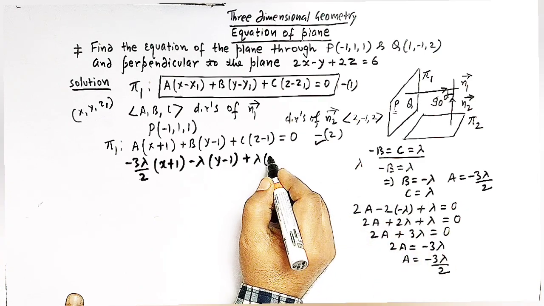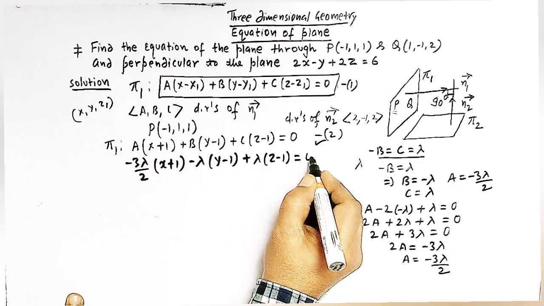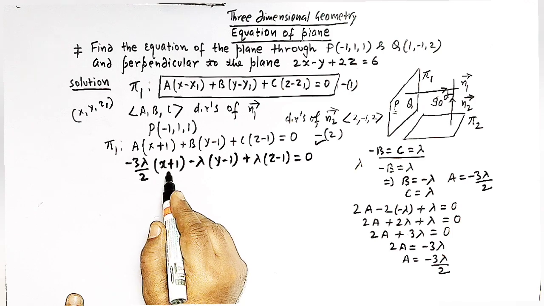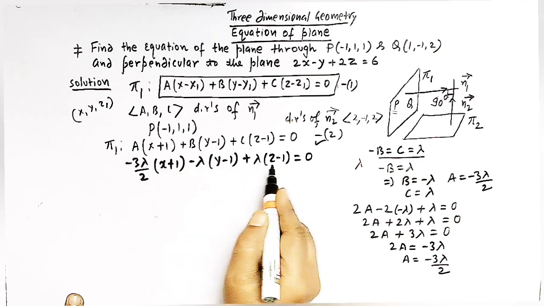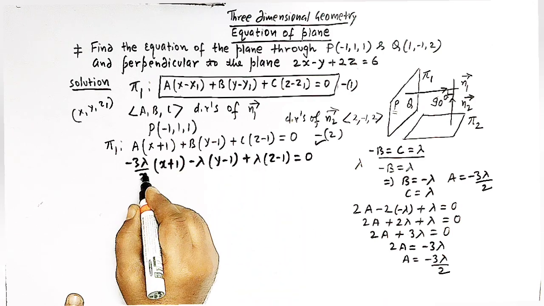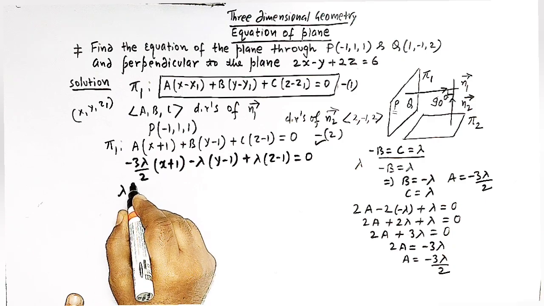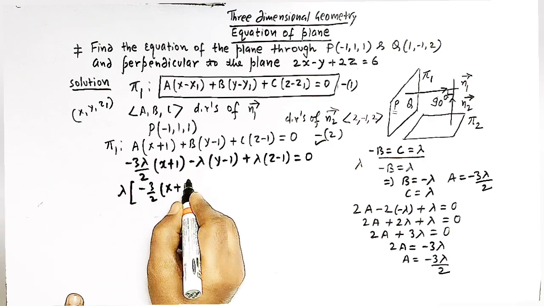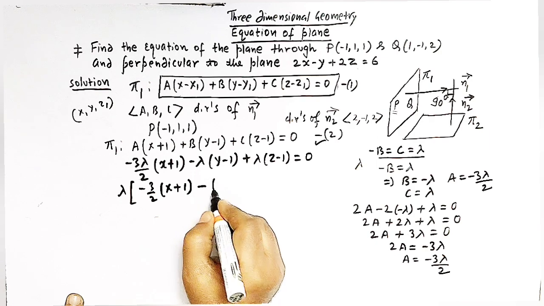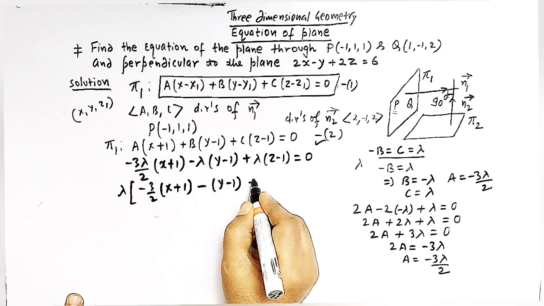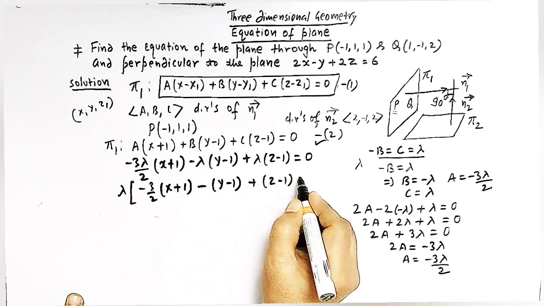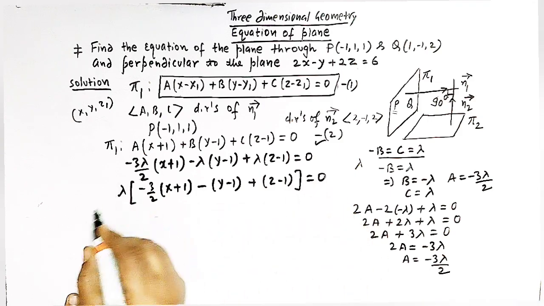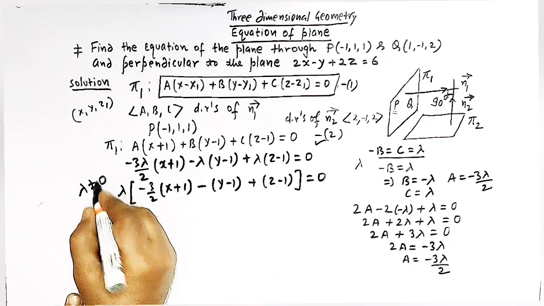So we have lambda times z minus 1 is equal to 0, right? Now see here, lambda appears in all these three terms, right? So if we take lambda as common, so we have minus 3 over 2, here we have x plus 1, then we have minus y minus 1, and here we have z minus 1 is equal to 0. Now this scalar or this real number lambda is not equal to 0.